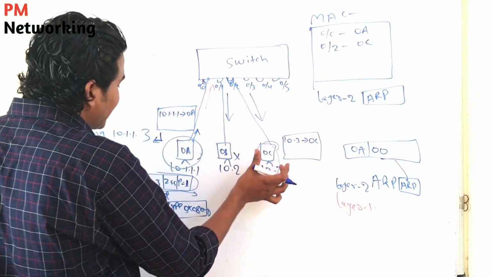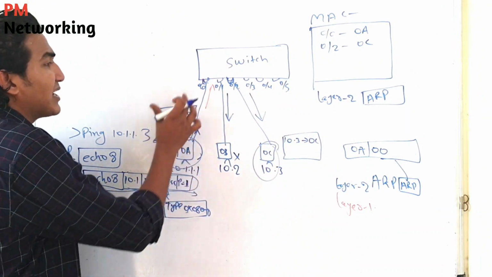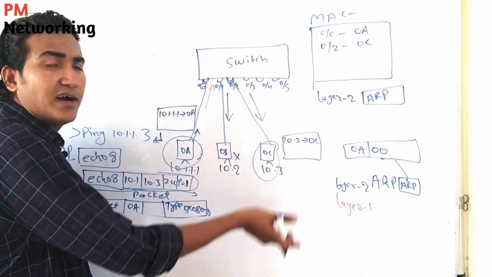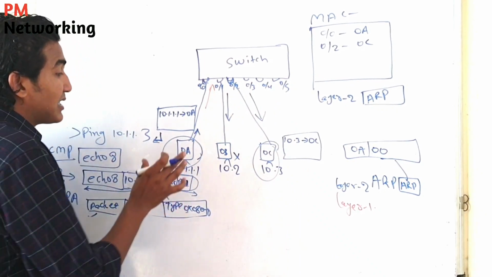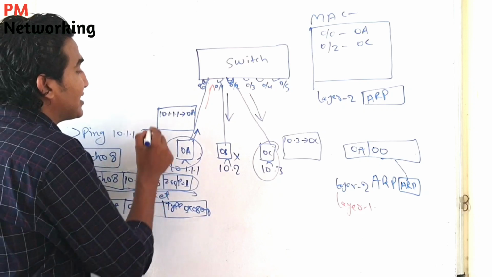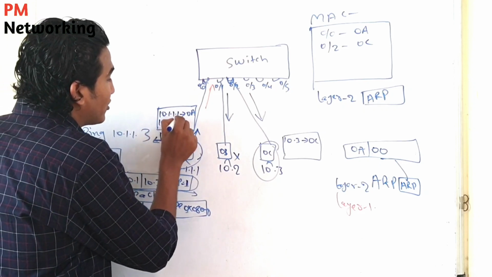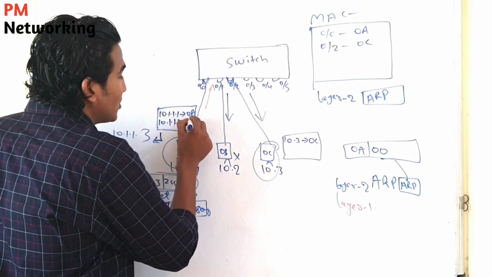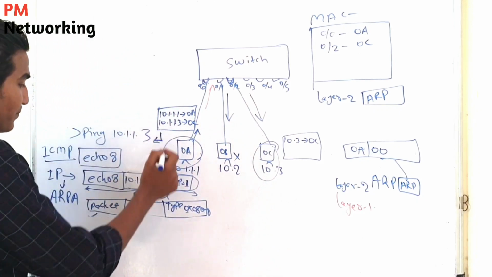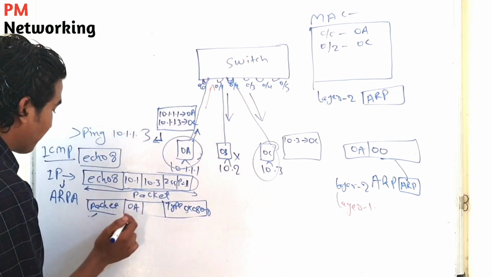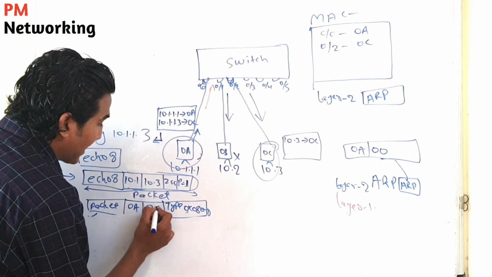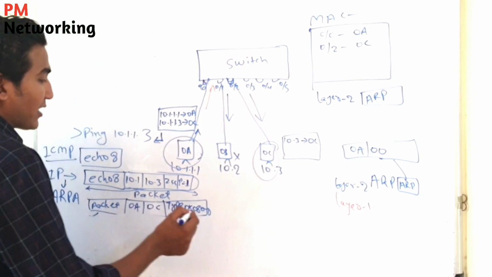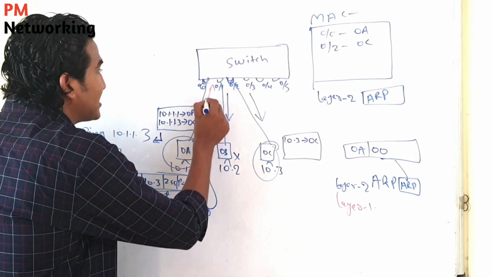Now when this PC receives a reply, it will make an entry in its MAC address table that 10.1.1.3 has MAC address 0C, and this PC will complete this frame, that is, put destination MAC address 0C, and now this actual message is sent.